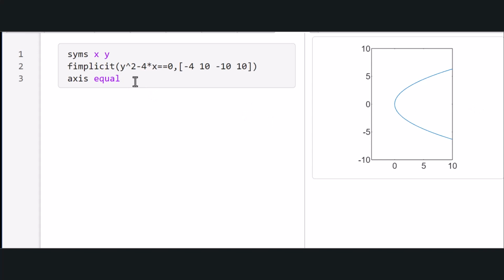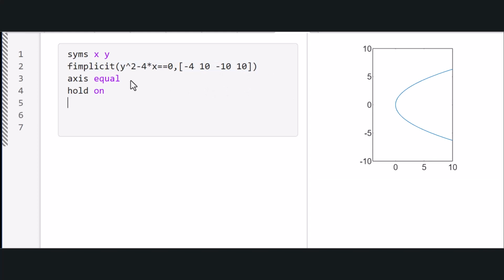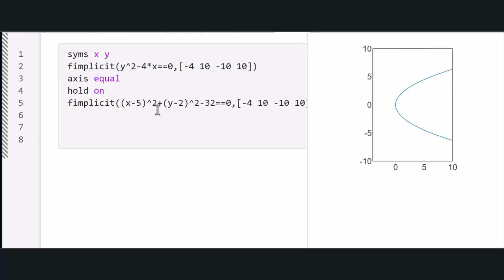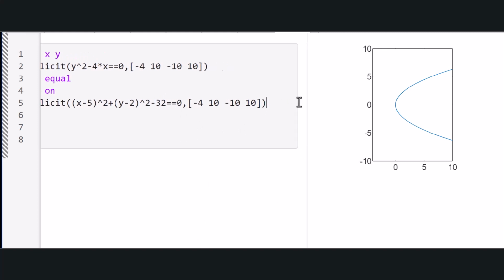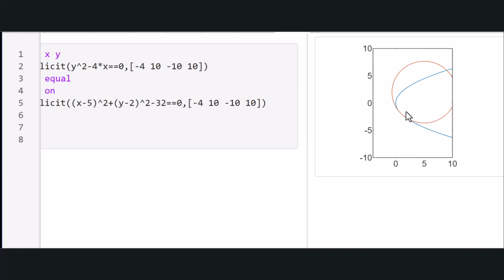And now we will just go ahead and put our circle in. The circle is (x minus 5) squared plus (y minus 2) squared, and 4 square root of 2 is the radius. So the square of 4 square root of 2 is 32, and we are keeping the same window. Let's see if we have the right answer. Yes, we do.